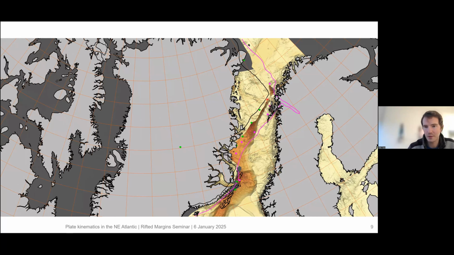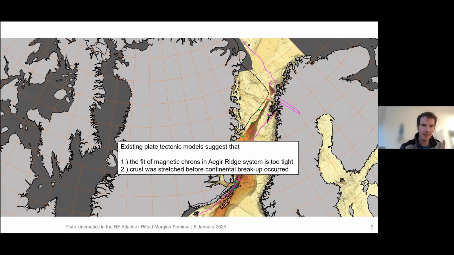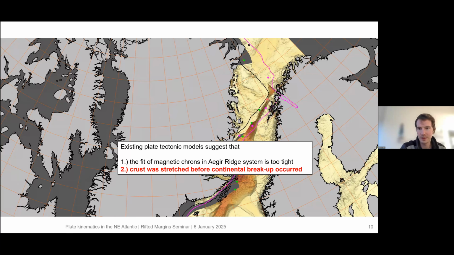This kind of movement basically reflects stretching of the crust before rifting occurred in this area. So we also learned from existing plate tectonic models that the crust was stretched before continental breakup occurred. And this is the part that I would like to focus on in the next few minutes. I would like to show you how to combine information of stretched crust with plate tectonic reconstructions.